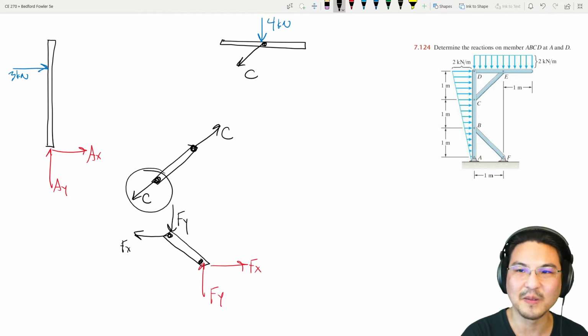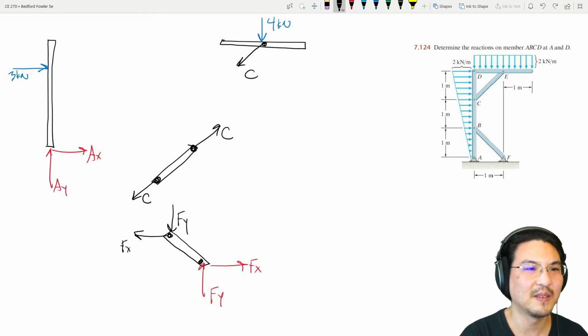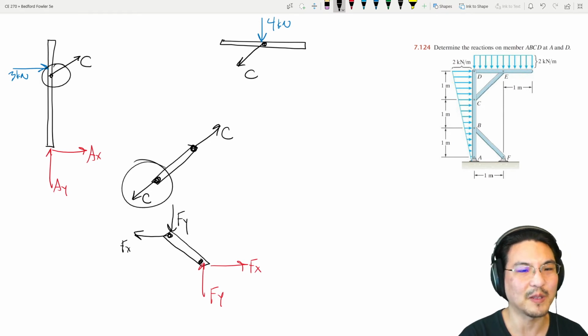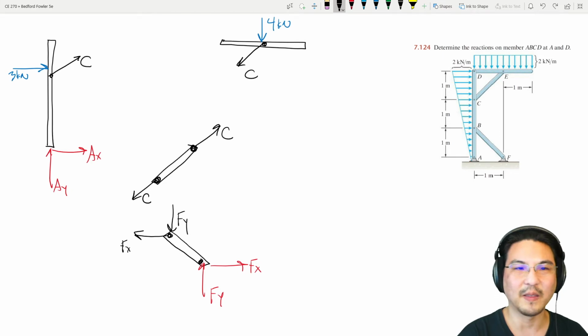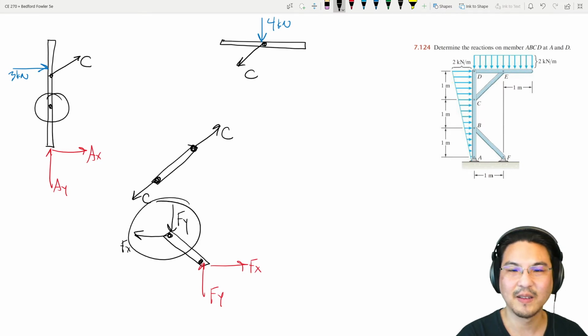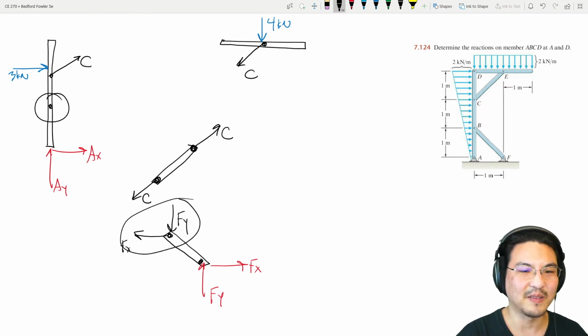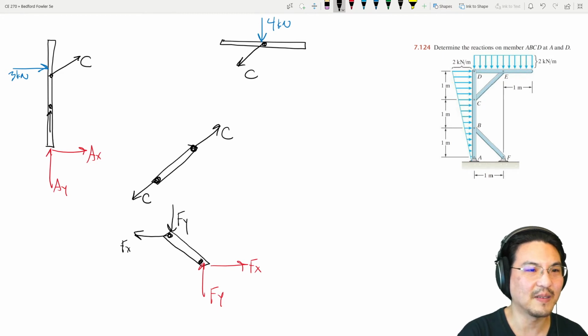This is connected to this. So this is C over here. This is the same as this, equal and opposite. And then point B here is connected to here. So I'll just draw these equal and opposite. So like this and like this.